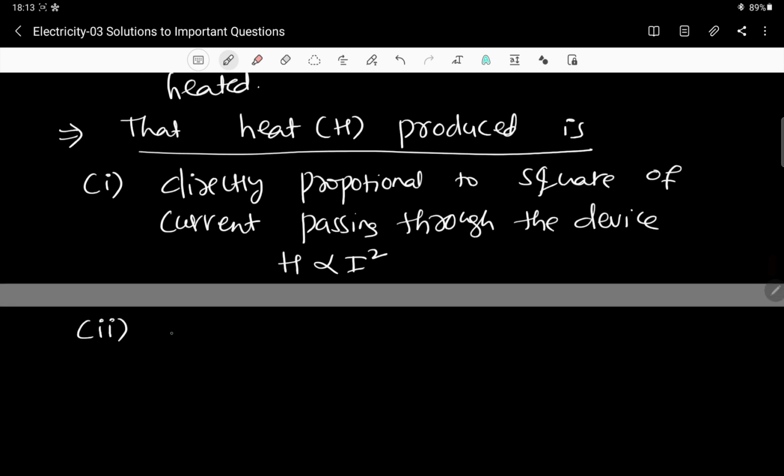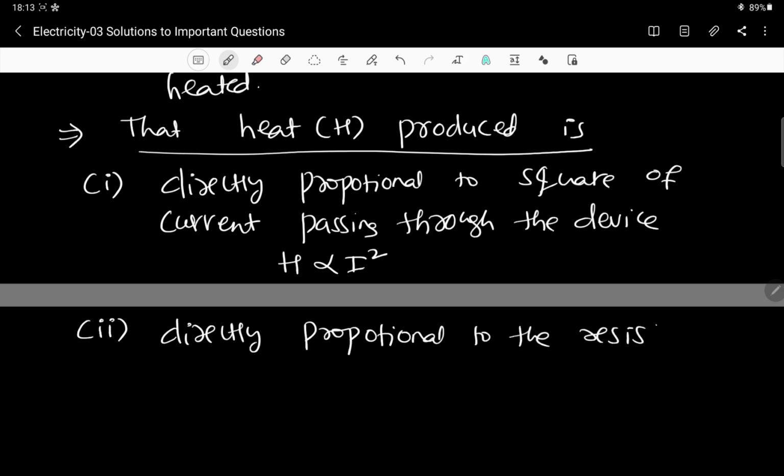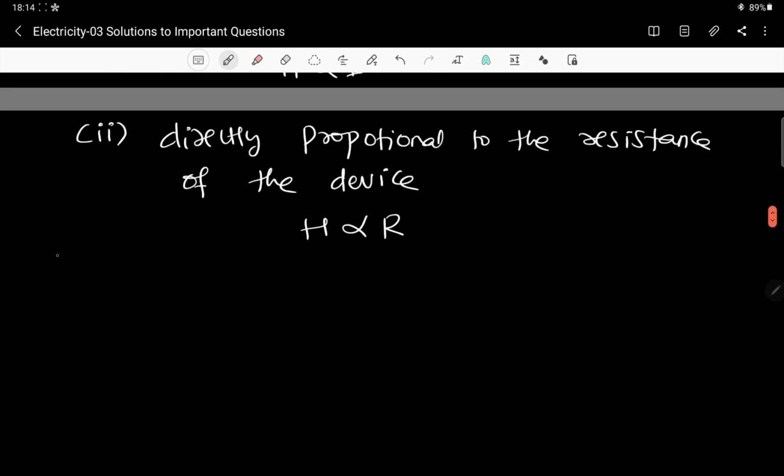And the second one is like this. Heat is directly proportional to the resistance of the device, that is, H is directly proportional to R. And the third one is also very important.